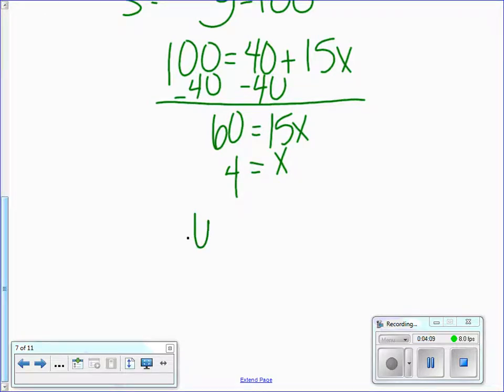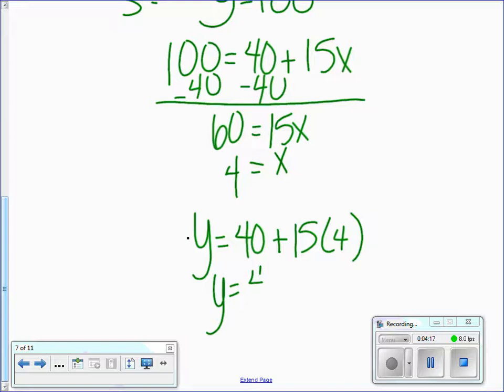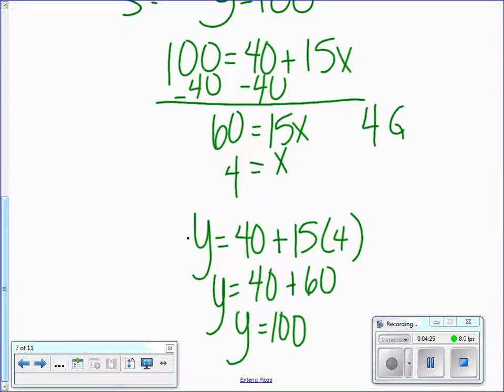So y equals 40 plus 15 times 4, so y equals 40 plus 60. So y equals 100. Our solution is at 4 gigabytes. It's a word problem, so we need word answers: 4 gigabytes and $100 per month.